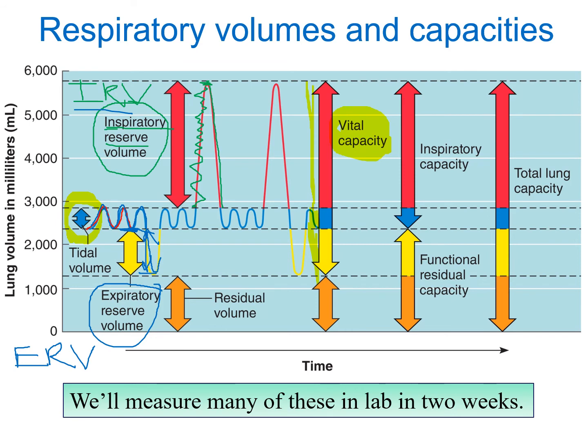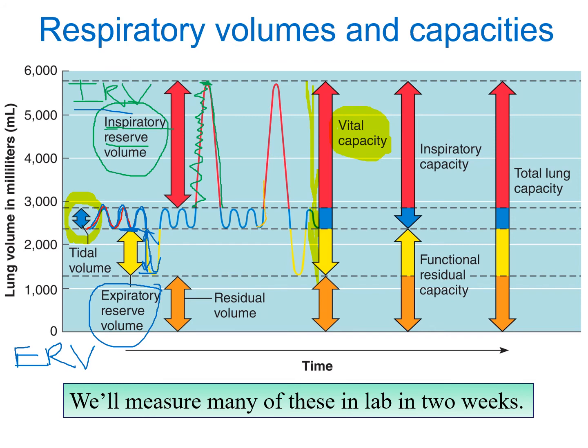How would the technician give him instructions so she could measure his vital capacity? It's very simple. She would tell him to inhale and exhale normally a few times, and then at a certain point, take as much air in as you can.